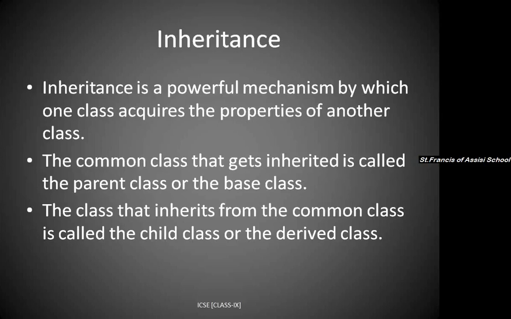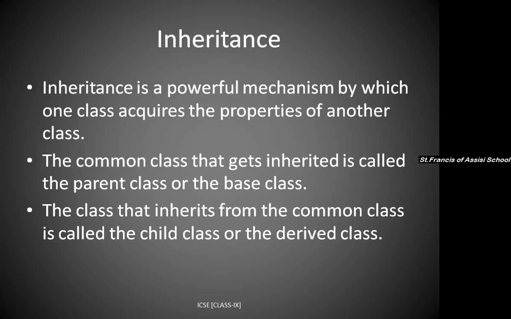Take a real example. One real life example: we have our parents and we have a grandfather, grandmother. Here what's happening, our parents are acquiring the property from our grandparents, whatever the property, it may be cash, it may be gold, or it may be an agricultural field.